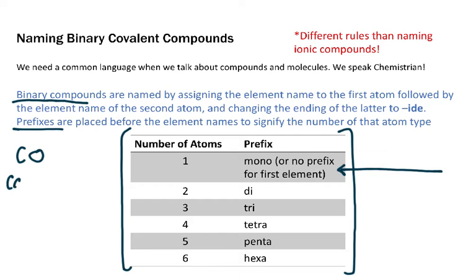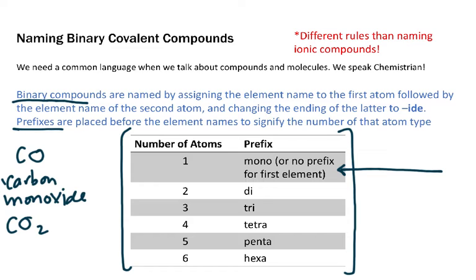What is your detector? It's carbon monoxide, right? It's not monocarbon monoxide, but the mono does go on the second element, and then it ends in "ide." It's assumed if there's no prefix on the first one, then it must be mono, right?